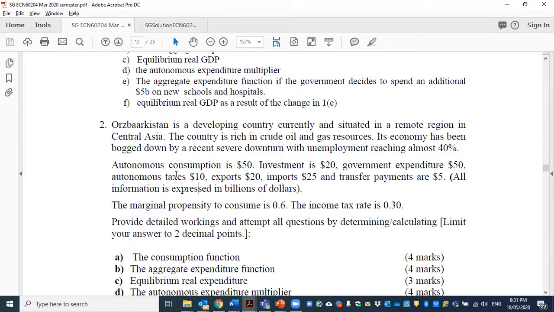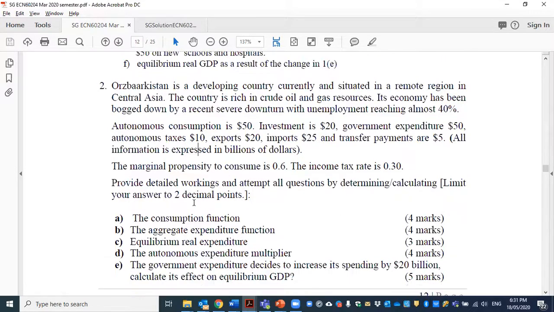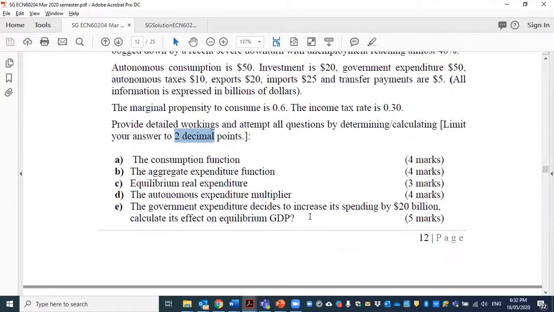With detailed working and all calculations, you see it is saying 2 decimal points here. So again, like the previous one, let's see what the question is asking. The consumption function, the aggregate expenditure function, fine. Then the equilibrium real expenditure: we let Y remain in the function, then we calculate the equilibrium, putting demand equal to supply.